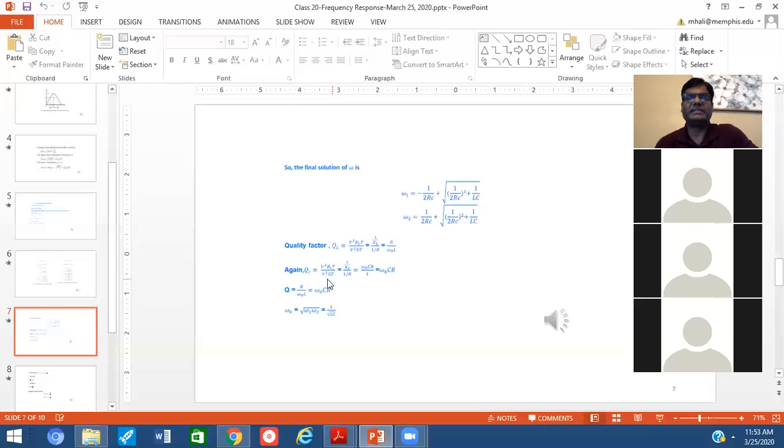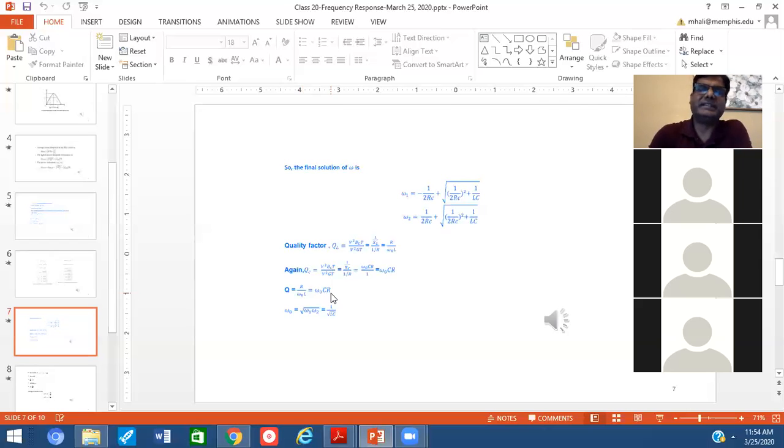Then T cancels and V square cancels, and in the numerator we have 1 over XC and in the denominator 1 over R. But you all know XC is 1 over omega C. That's why ultimately omega C goes in the numerator and forms omega naught RC. So that is the expression for QC, omega naught RC. Therefore, in the third line I'm finally concluding Q equals R over omega naught L equals omega naught RC.